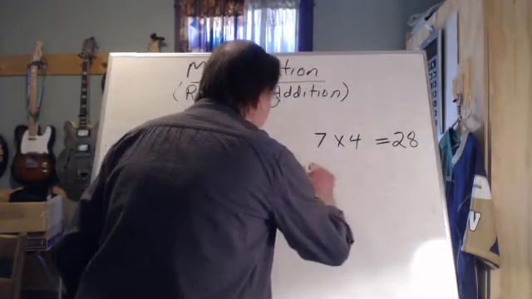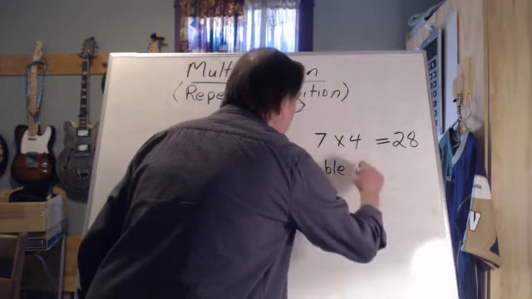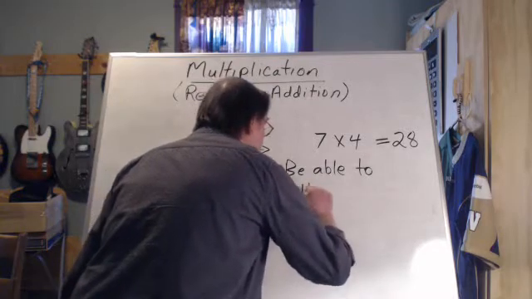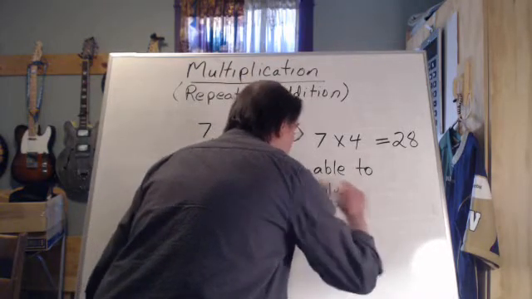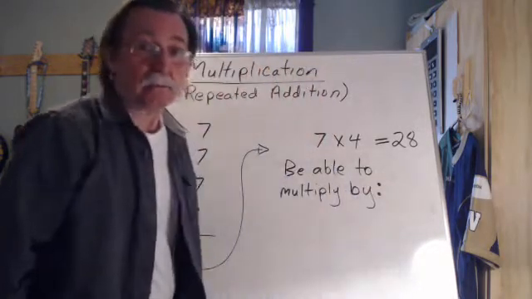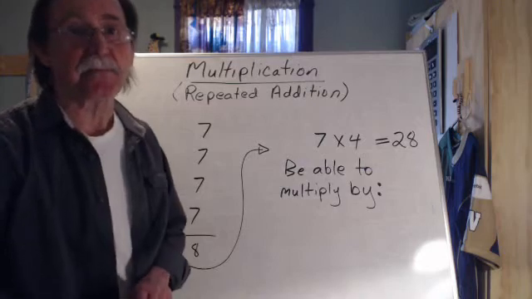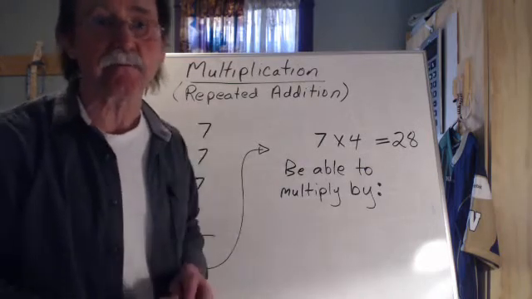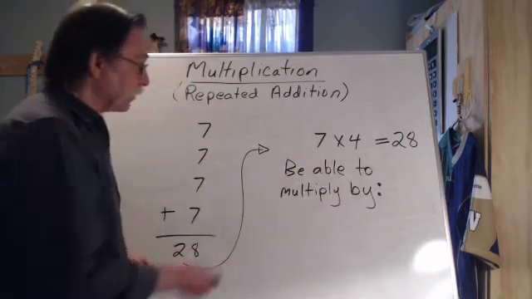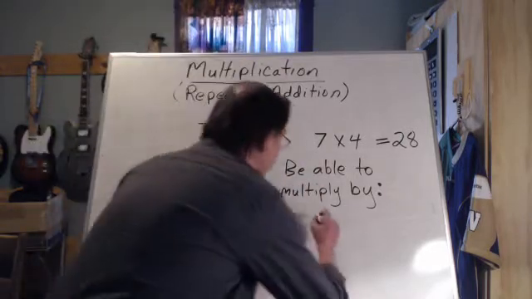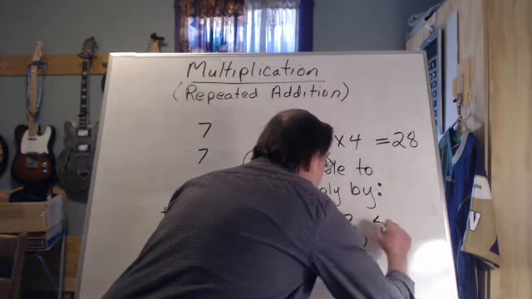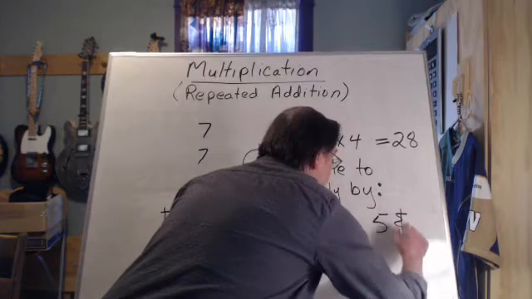And I really want to stress this, because it's going to be necessary when we move on to reducing fractions and all that stuff. Be able to multiply by 2, 3, 5, and 10.